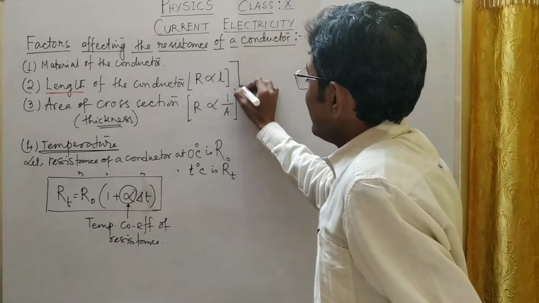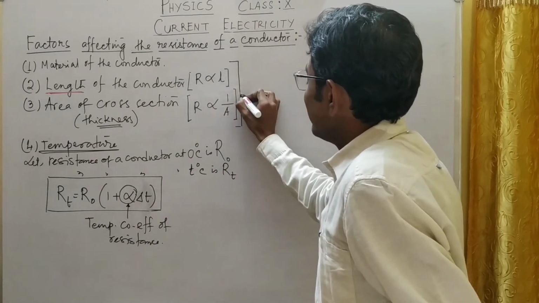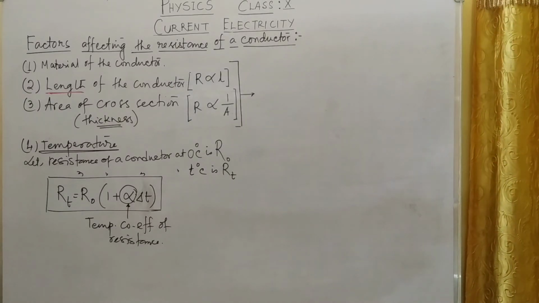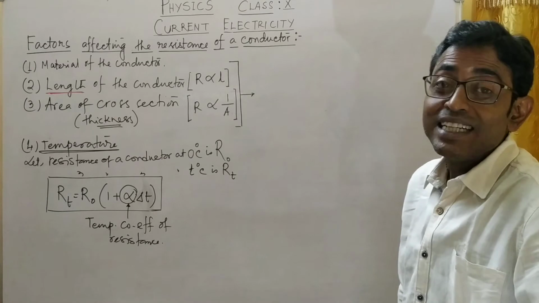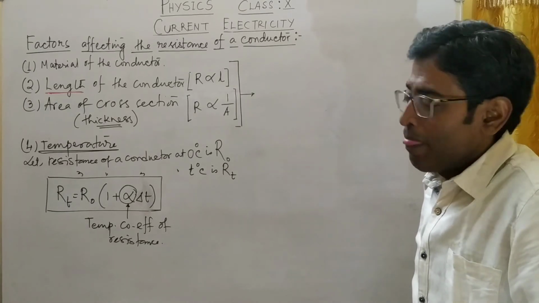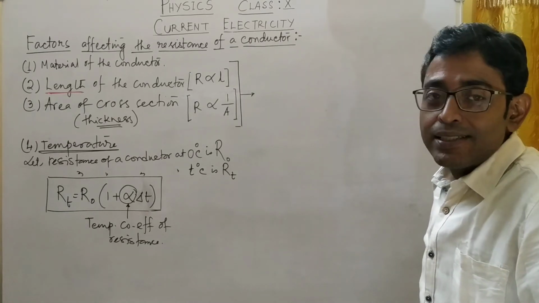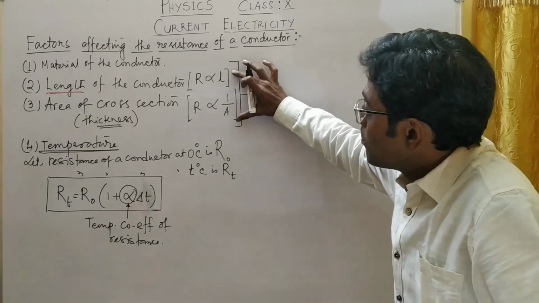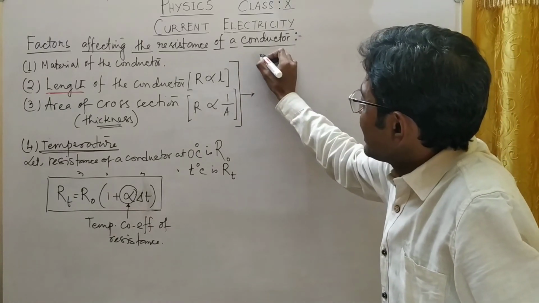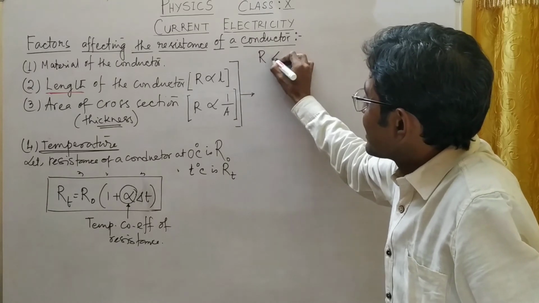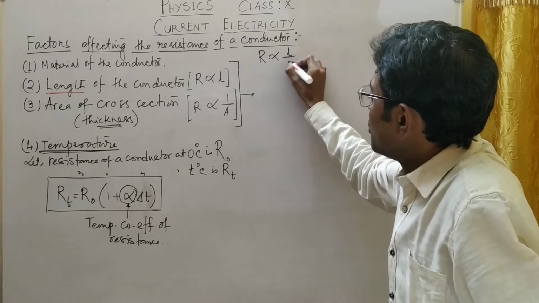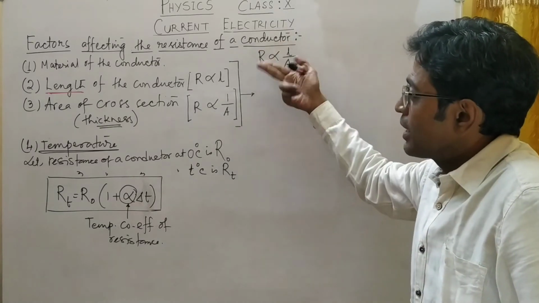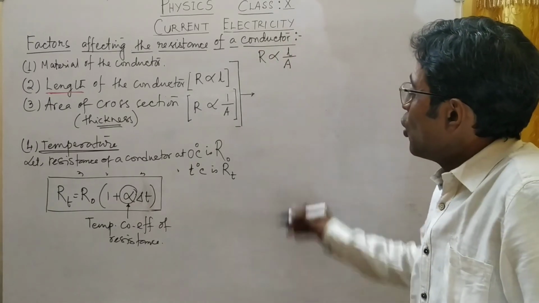We will be going into another thing. Remember this one. R is directly proportional to length, and R is inversely proportional to area of cross section. So if I combine these two, I can get a relation like this: R proportional to L by A. Okay, L should be in the numerator and A should be in the denominator.